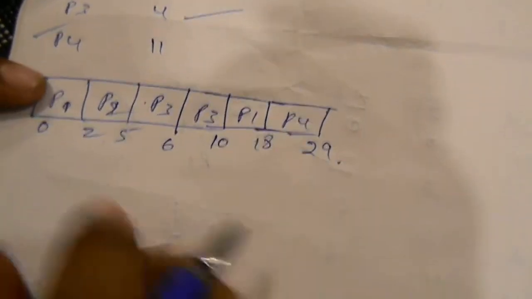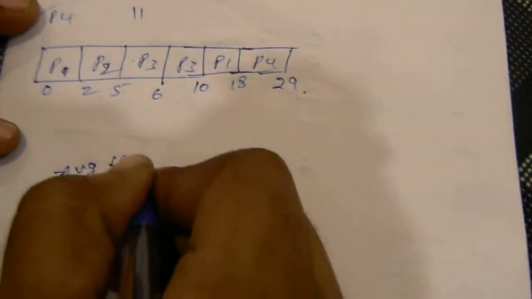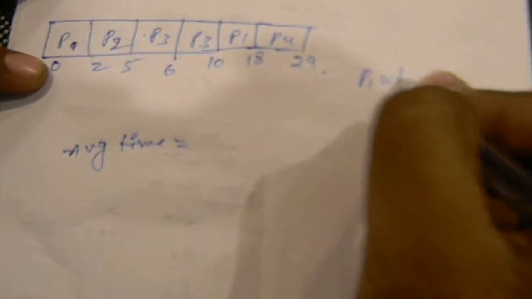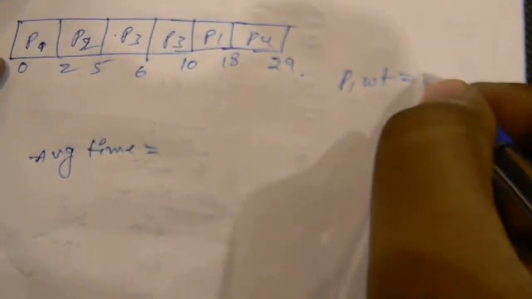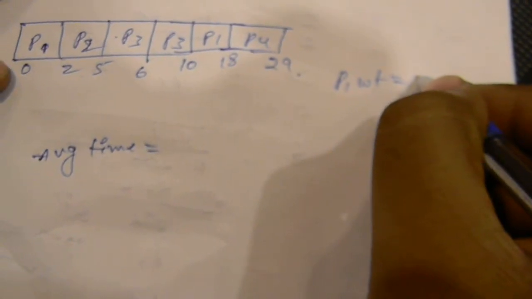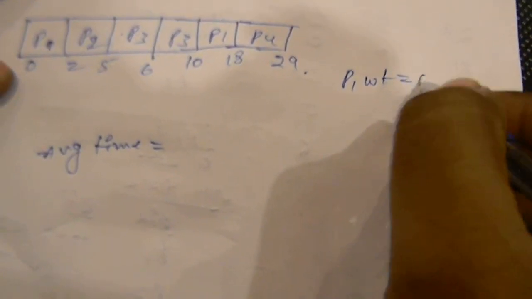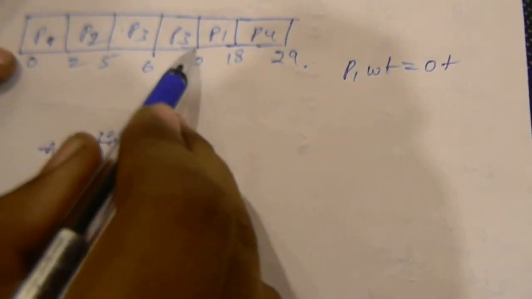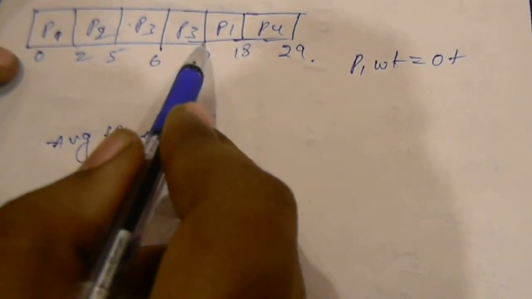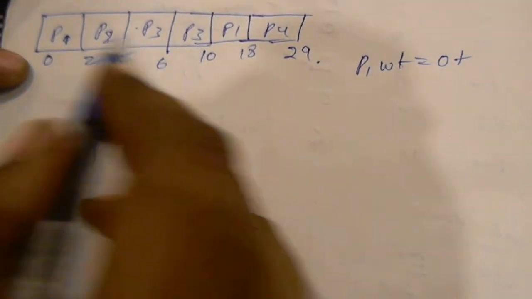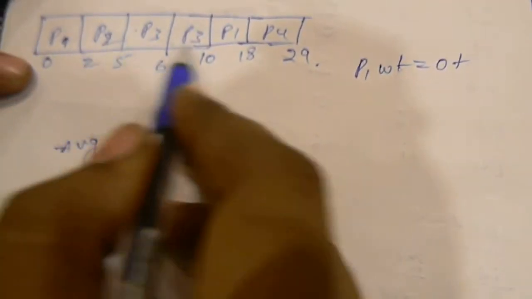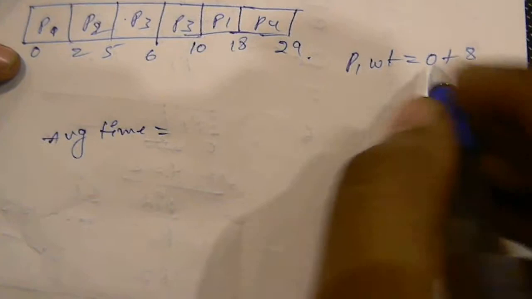Now the average waiting time. First the P1 waiting time: it starts its execution at the beginning, so it waits 0 milliseconds, but then P2 was there, so it waits from 2 milliseconds until 10 milliseconds. That means it waits 8 milliseconds to get the CPU again.